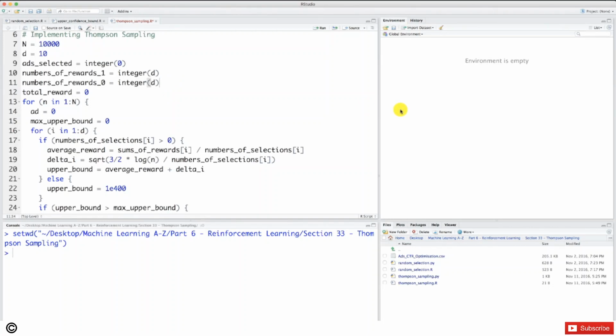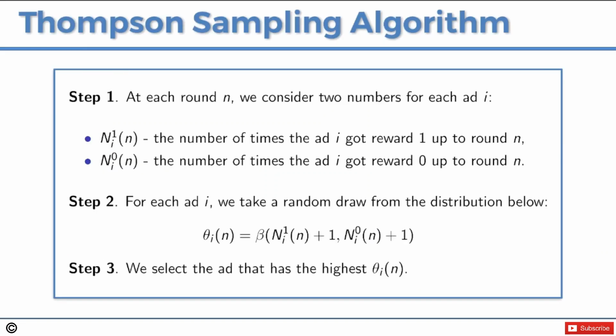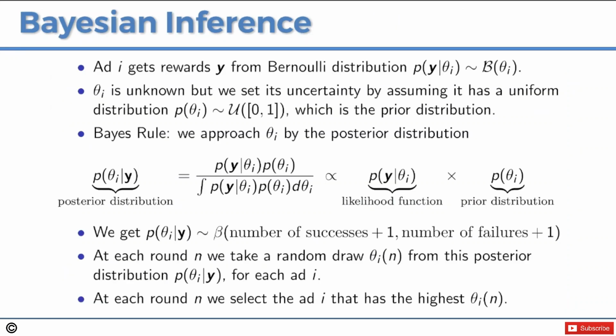That means that step 1 is done, and we can move on to step 2. So step 2 is, for each ad i, we take a random draw from this distribution below, which is the beta distribution. And why is that? It's because we have two important assumptions here, which are related to Bayesian inference. So the first assumption is this first line here. We suppose that each ad i gets rewards from a Bernoulli distribution of parameter theta_i, which is the probability of success.